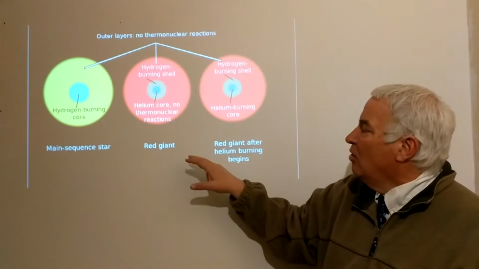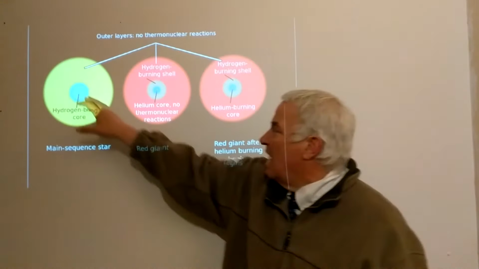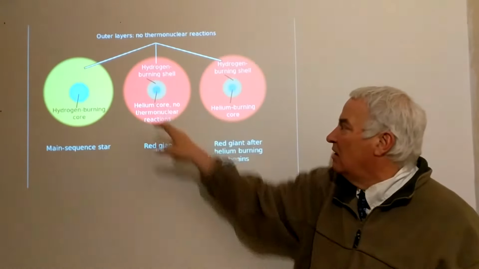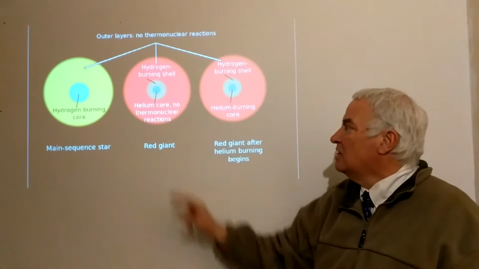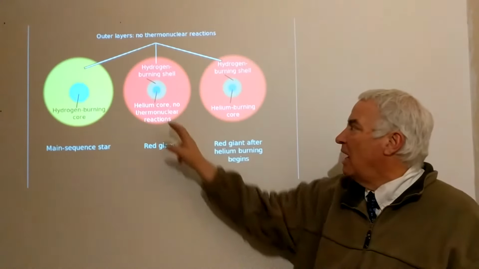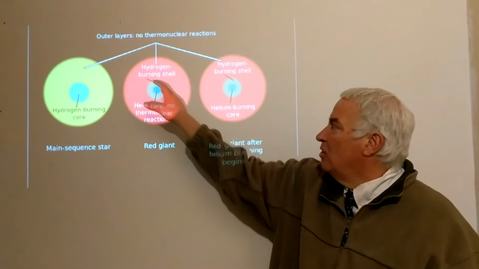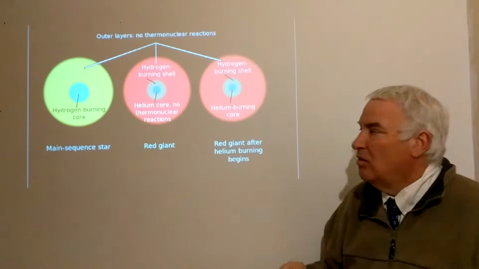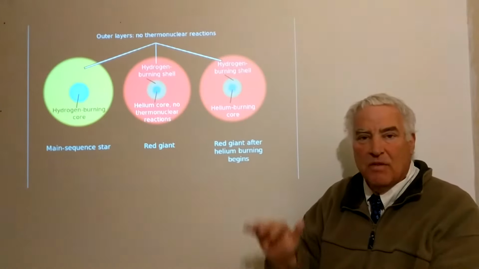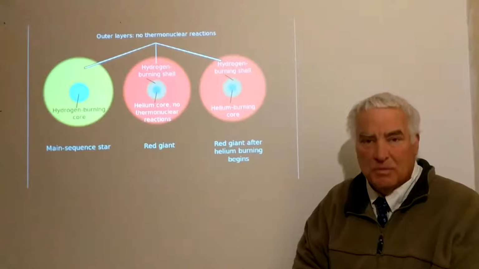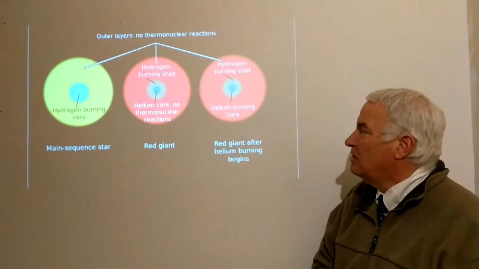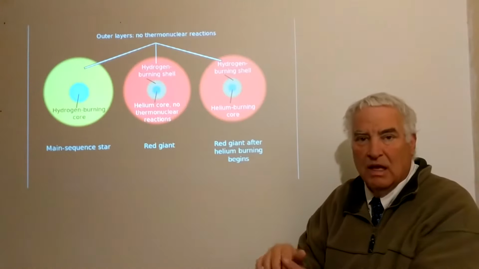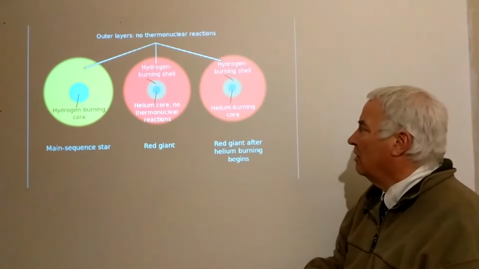And so when all of this runs out, the only place that there's fuel is in a shell surrounding the core of the star. So there's a helium core, no thermonuclear reactions here, and a shell where the nuclear reactions are occurring. Outer regions, no reactions taking place. Now, keep in mind that the core is very, very small compared to the star, especially in the red giant stage, because the core is shrinking and the star is expanding outward.